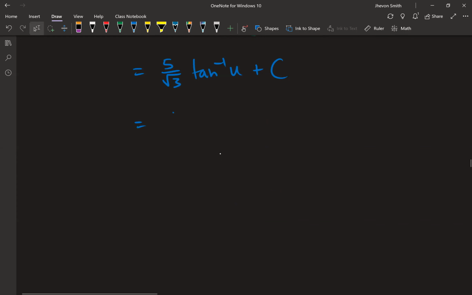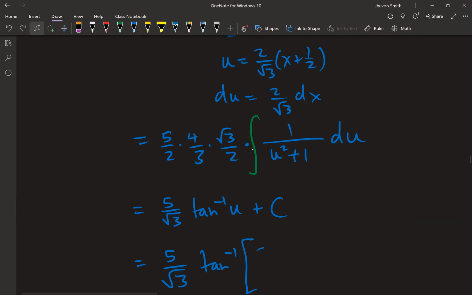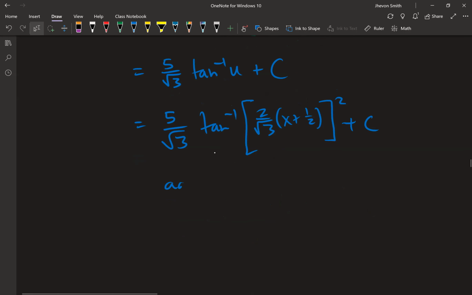So this is going to be 5 over radical 3 times the tan inverse of 2 over radical 3, x plus a half, plus c. Then add this to the other part.